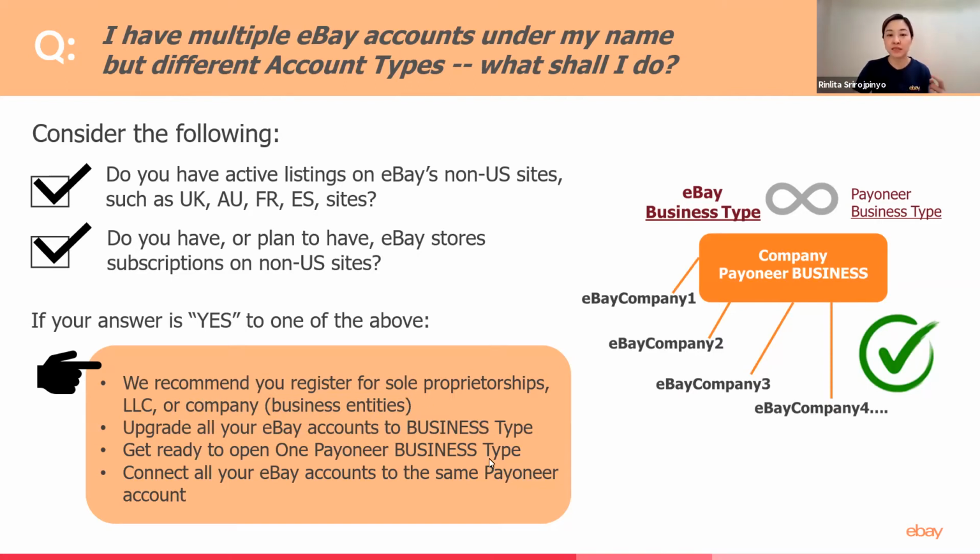The business type on Payoneer can be associated with different types. You just choose one type and choose one account on Payoneer. Then connect all your eBay accounts to the same Payoneer account. The graphical image is right here. Basically, one Payoneer company account, business type, and then it can be linked to as many eBay IDs as you wish.